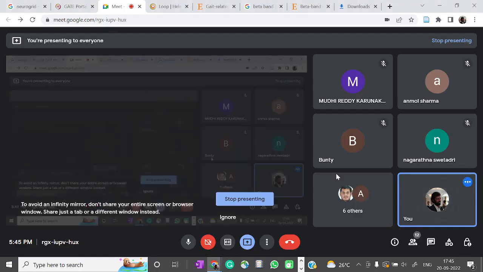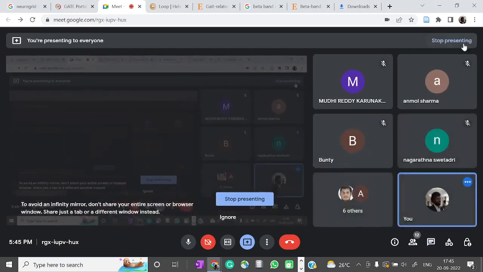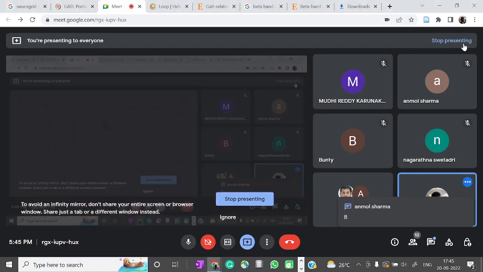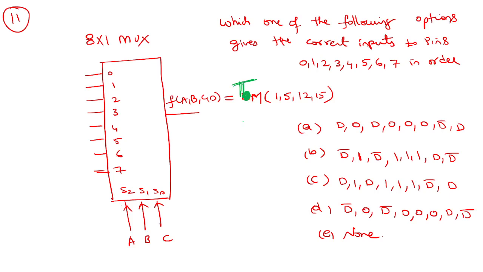Any answers? Option B. Let's see. I'll just rewrite this thing here.